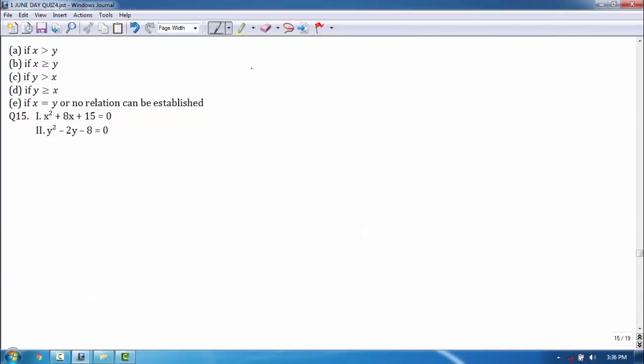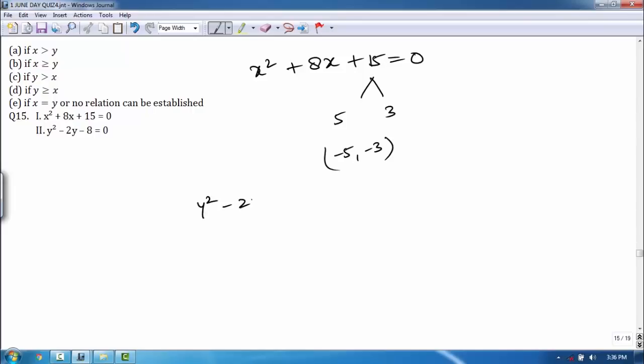The given equation is x square plus 8x plus 15 is equal to 0. On dividing it we get 5 and 3, and on changing the signs we get the roots as minus 5 and minus 3. The second equation is y square minus 2y minus 8 is equal to 0, and on dividing 8 we get 4 and 2.